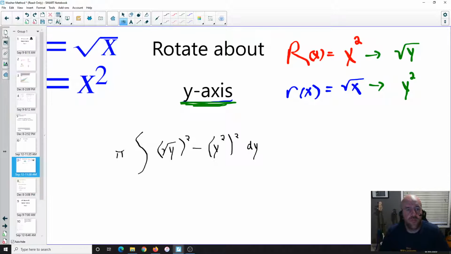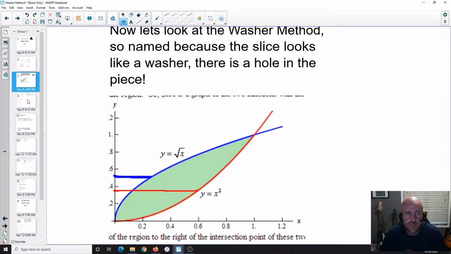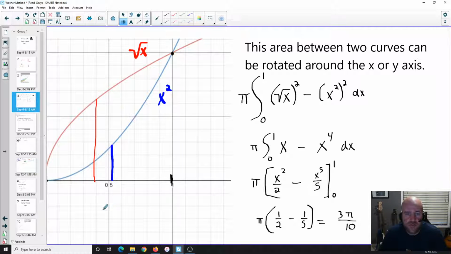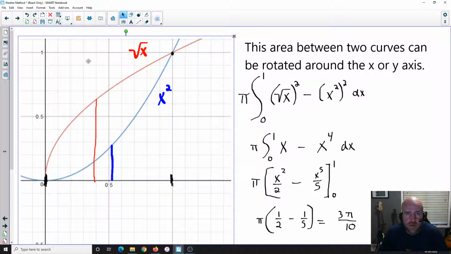So if we're in terms of y, well, let's look back at the graph. Actually, I'll just go to this other graph, it's a little bit better. So if we look at the graph, and we're in terms of y, we need to be on the y-axis as well with our boundaries.